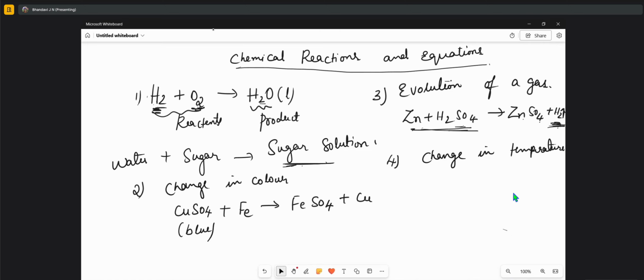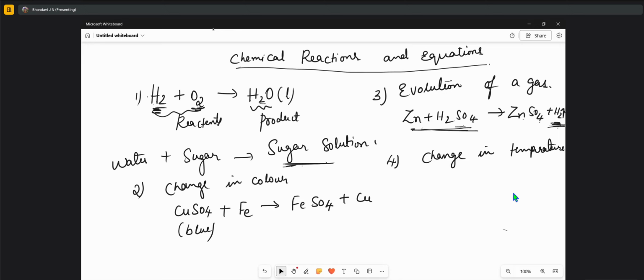There are many reactions where there is an increase in the temperature. For example, many reactions which have an acid as a reactant will have an increase in the temperature. And some reactions are there where there will be a decrease in the temperature.